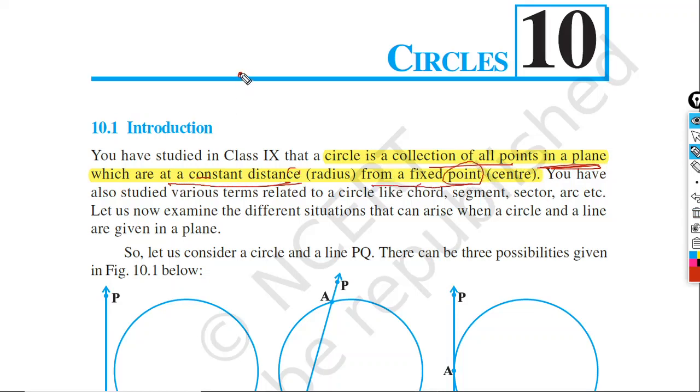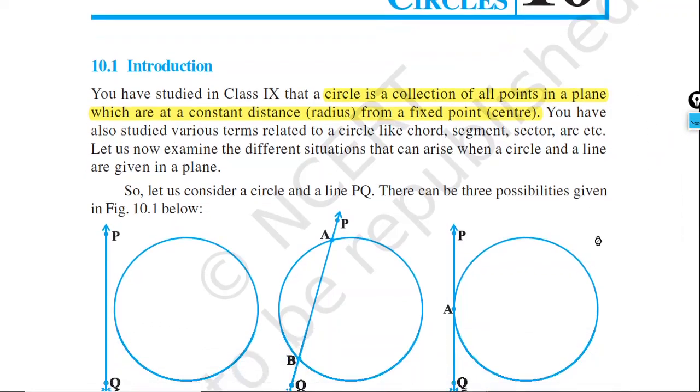Suppose there is a fixed point, say O, from where at a constant distance, say R. Now at distance R from O, the collection of all points. That means all these points on this line, the distance from O is R, and the collection of all these points is called a circle. So this was what we learned in class 9, 7, 8, etc.